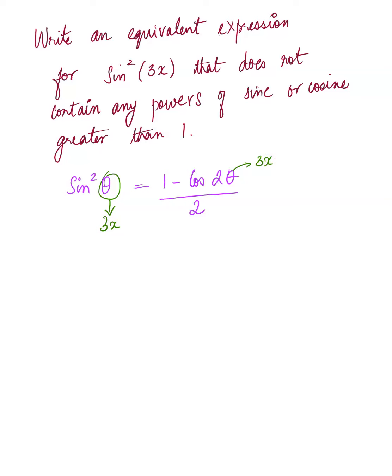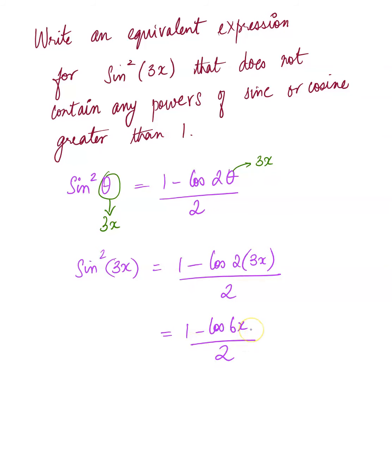So sine squared of 3x is 1 minus cosine 2 times 3x over 2, and so that's 1 minus cosine 6x over 2. Well, we reduced and wrote an equivalent expression, and this expression does not contain any powers.